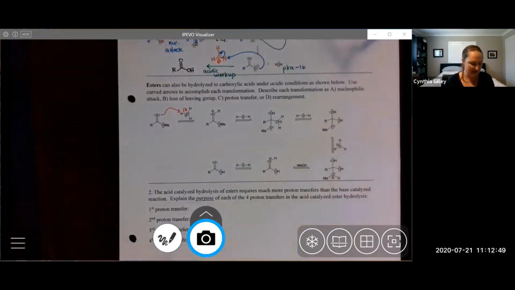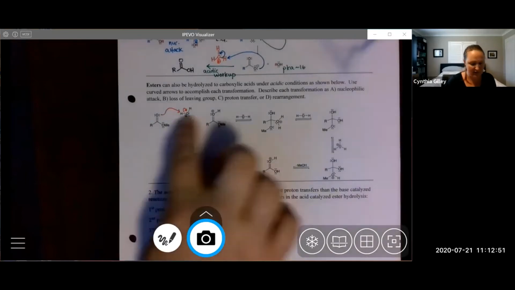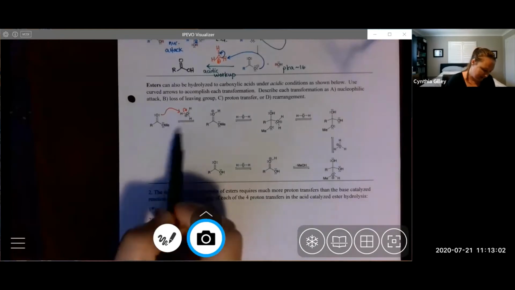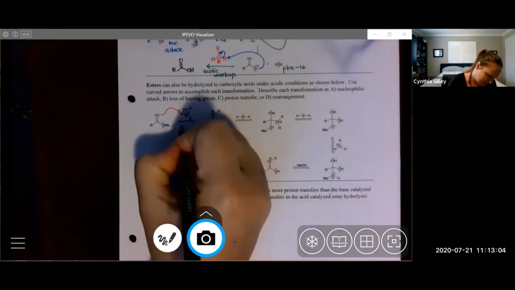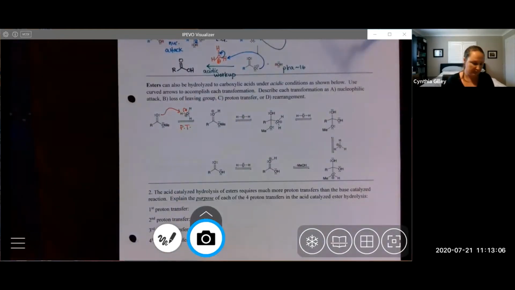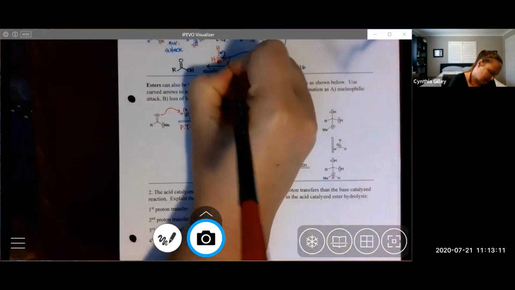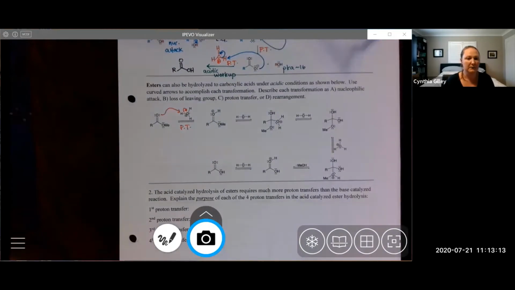So the mechanism is not necessarily every single thing that's happening in solution, it's just the thing that actually progresses to make something else that's stable. Okay, so the acid protonates. That's a proton transfer. By the way, these were both proton transfers up here, which I did not label. The acid protonates, and what does that do?